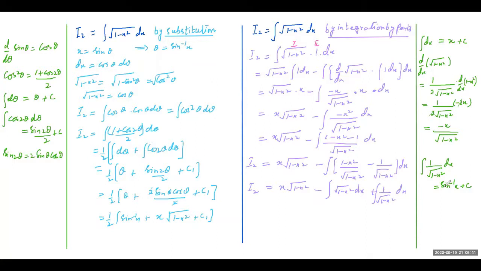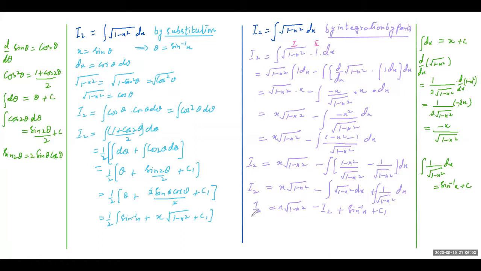Now this result is equal to sine inverse x. And what about this one? This is equal to I2 plus sine inverse x. And as this is the last integral performed, we write a constant of integration. So I2 is equal to this.